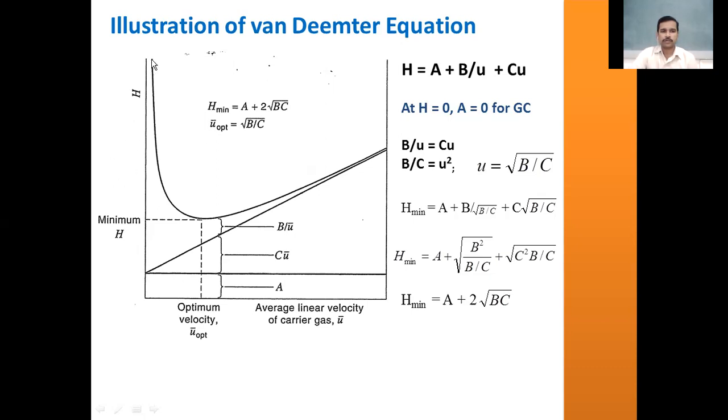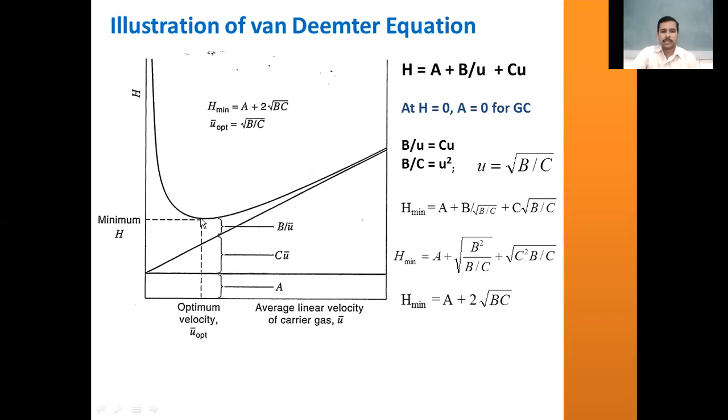As the mobile phase velocity is increased along the x-axis, you can see the value of H keeps on decreasing, and it becomes constant at a certain level. Then if you still increase the mobile phase velocity, the value of H will also increase. From this point to this point, the value of H was almost constant. You can see this linear, flat portion.